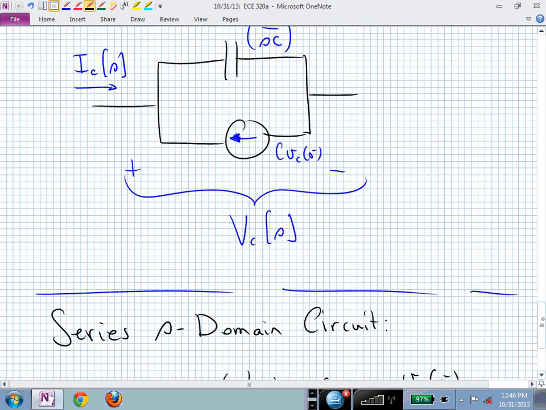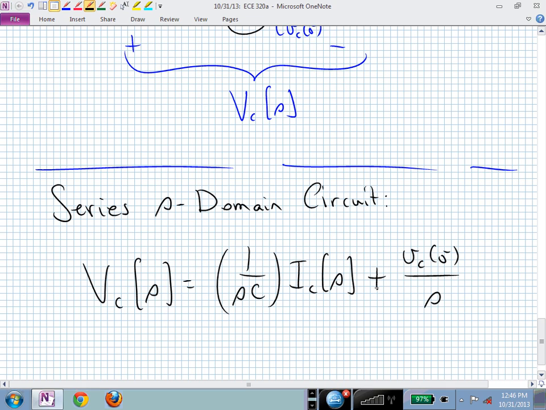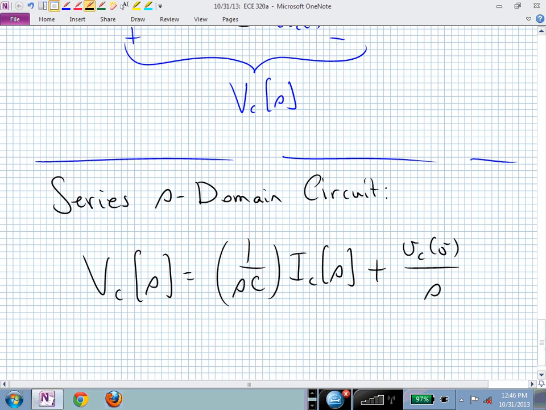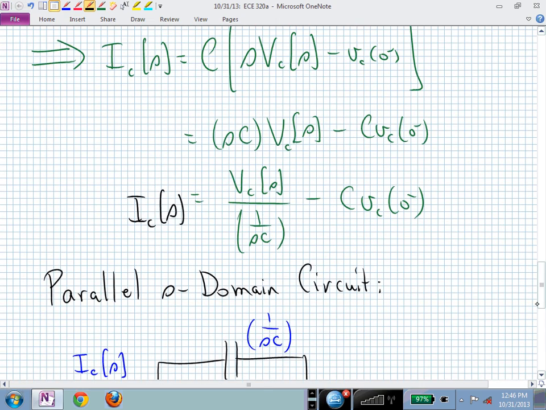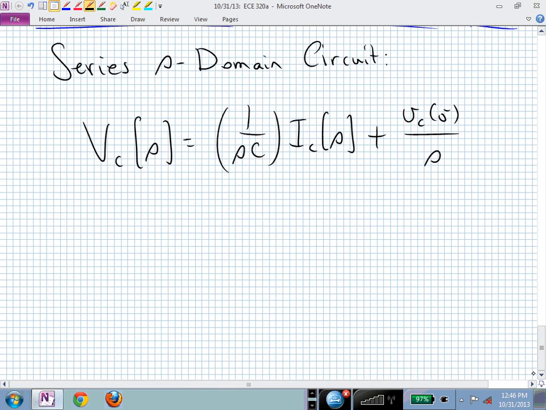Whoops. Can't lose track of the sign. What happened? Well, I was solving for V sub C, and that's on the right-hand side, and I want all the other terms on the left, so I added C V sub C of 0 onto both sides, and that's why I now have a plus sign on that particular term in my expression for the capacitor voltage, V sub C of S. And now this one's fairly straightforward to sketch.